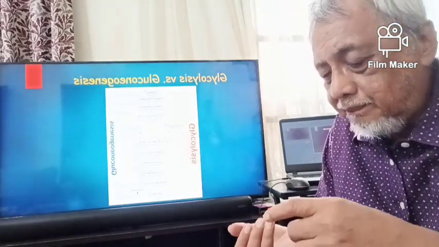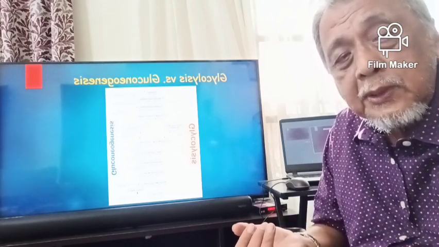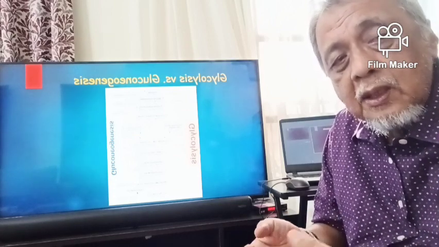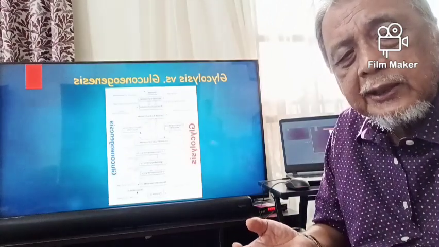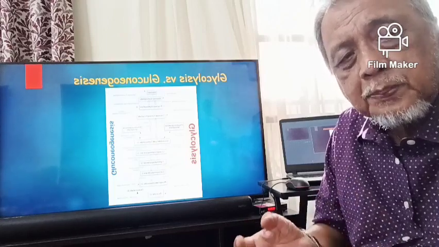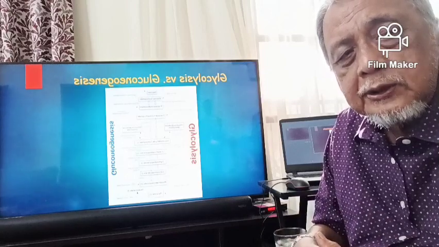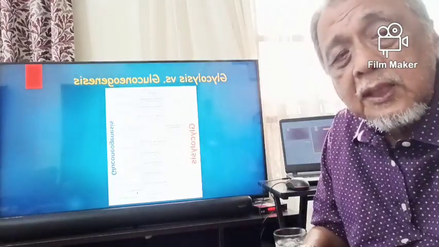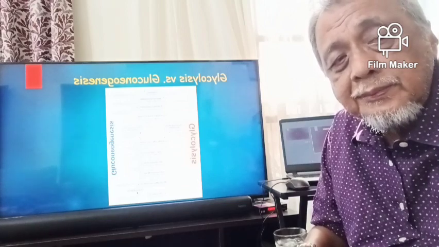So we talk of diabetes type 1, which is diabetes mellitus, and diabetes type 2, where the cells have become resistant to insulin, or the pancreas no longer produces the needed insulin supply to control blood sugar, especially after eating or after having a snack. So that is basically the problem of diabetics.